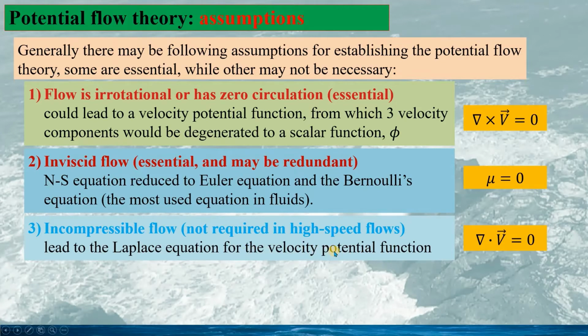We will see the details on this. Here, I must emphasize this is not an essential assumption, since in high-speed potential flows, the flow can be compressible. I will make a talk on that in the future.